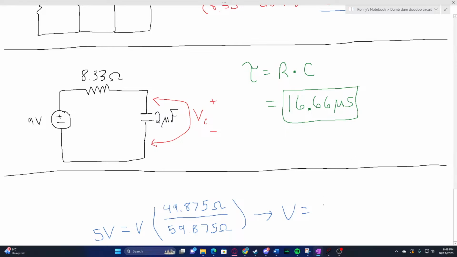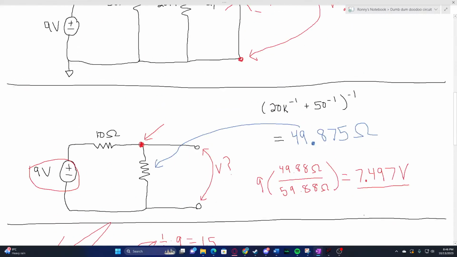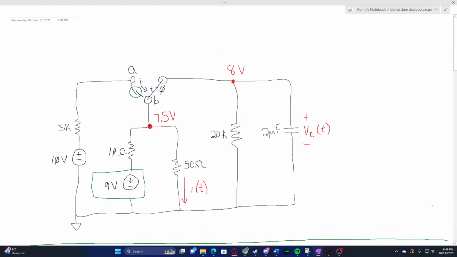So for whatever reason, they must have been thinking 6 volts. That's an interesting thought too, because maybe they saw 9. Sometimes people do some silly stuff where maybe they saw that 9 and just said 6 in their mind. I wouldn't know why. There's no 6 in here. Now let me specify this.